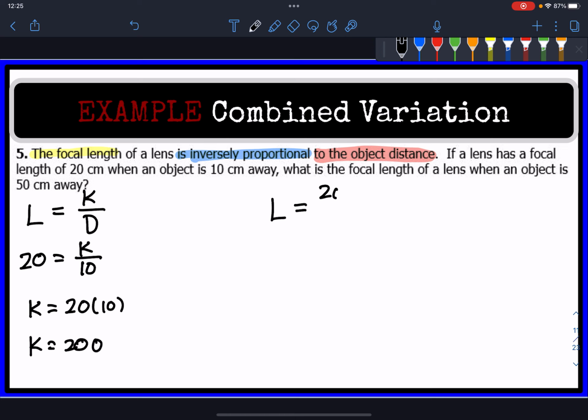So with k, we now know specifically that the relationship between the focal length and the distance of the object is that the length will equal 200 divided by the distance of the object. So what is the focal length when an object is 50 centimeters away?